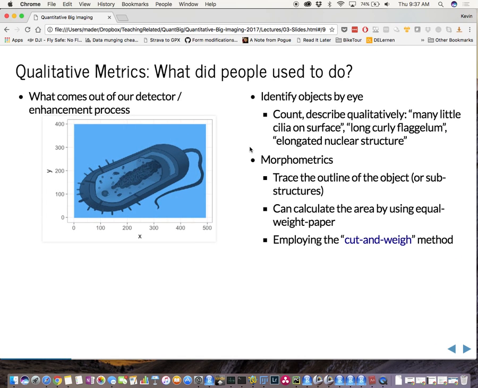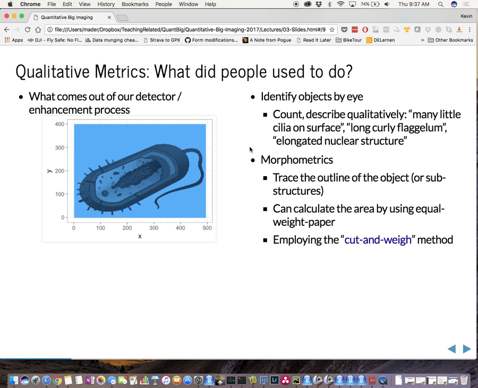And so if we look at qualitative metrics, if you have an image like this in your microscope, what did people used to do? And actually, this isn't even "used to do." If you go to the hospital today and you have a tissue sample taken out of your body, in most pathology centers in Switzerland, this is then looked at by a physician under a microscope.